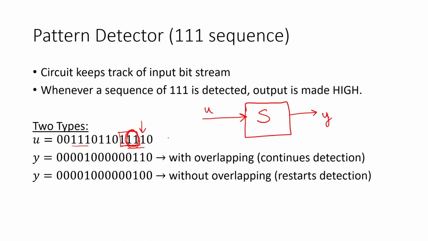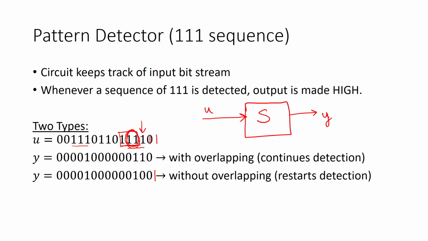So if there was a one here and another one here, then at this position you will get a 1 again. Yes, this is the without overlap case, where it restarts the detection.